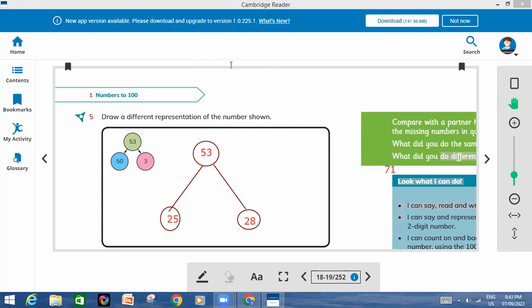So you can take another number also, for example, make a circle. You can take number 98. And in this number, you can separate it in different ways.